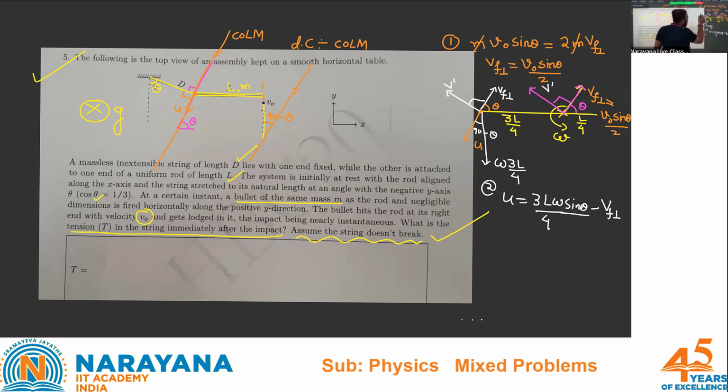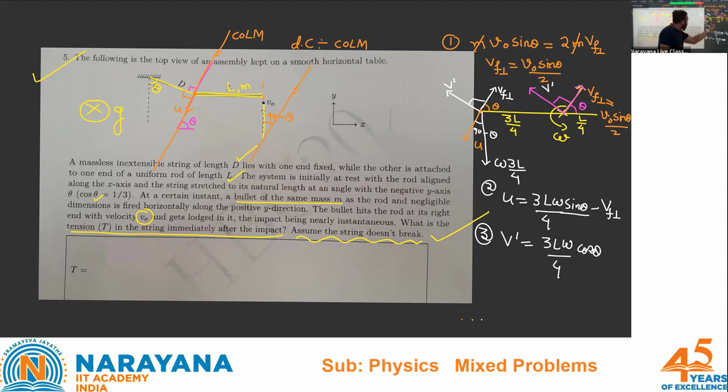That is my u. Vf perpendicular is known, and I have one more relation there. This term I haven't used, not required yet, but whenever required, I could have written that this will balance. So V prime should be equal to 3L omega by 4 cos theta, the outward component of this term. Yeah, because these two terms together make u.